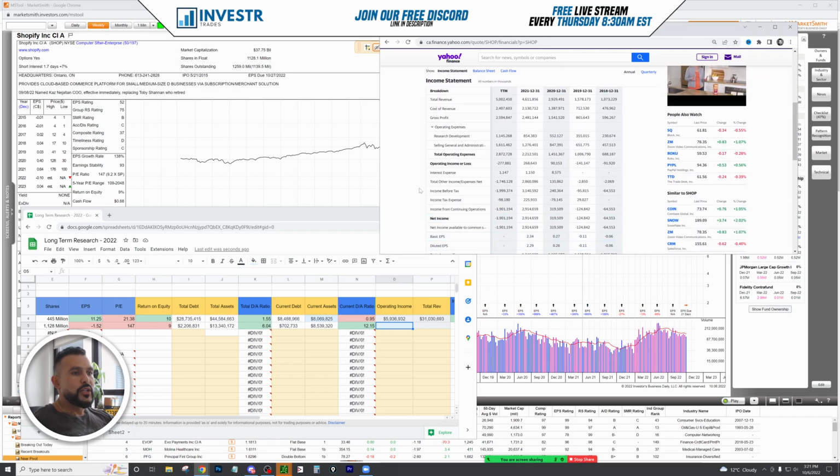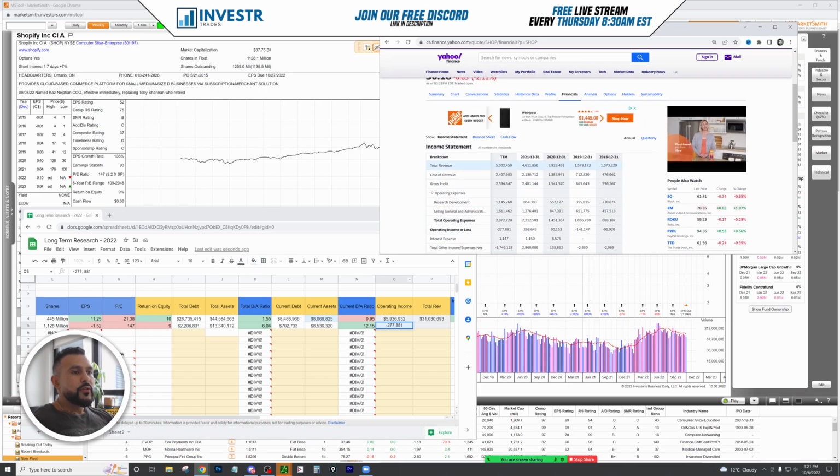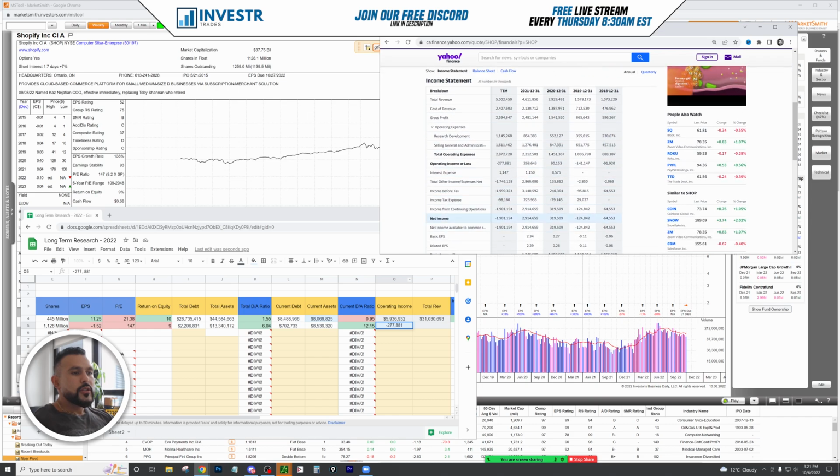Now, we're going to look at income statement. Okay, what do we need? We need operating income. All right, so the operating income for Shopify is actually at a loss here. Okay, and total revenue, we're looking at. Sorry, I'm using the trailing 3 months here. So let's use last December. So this is last year's information.